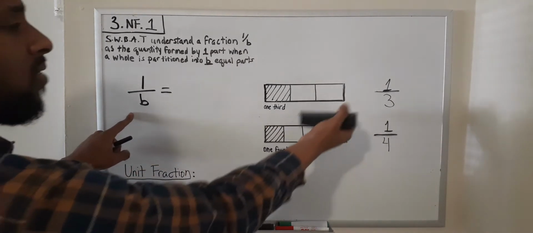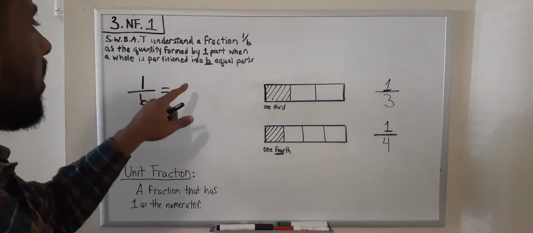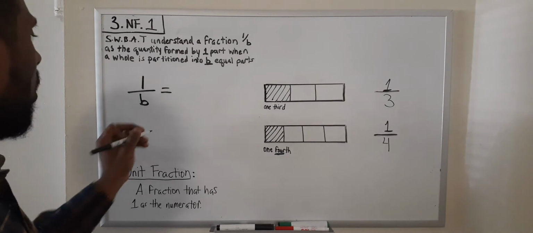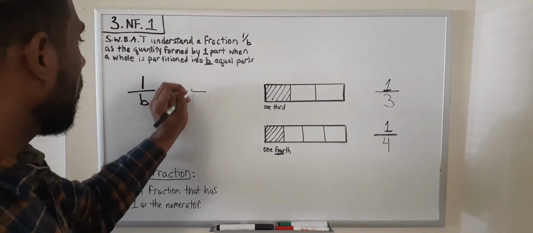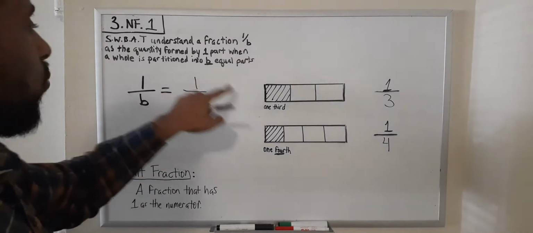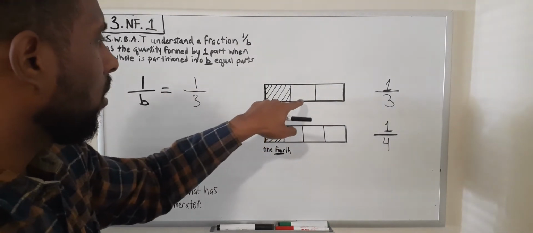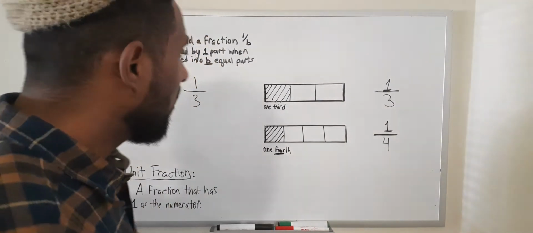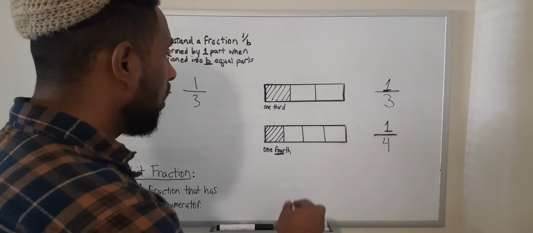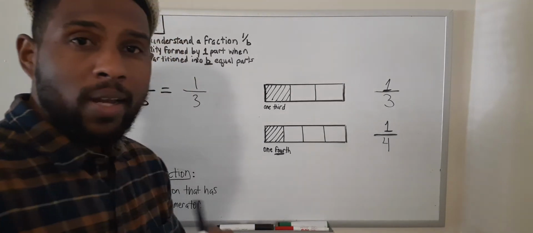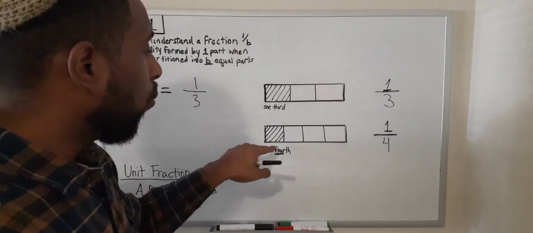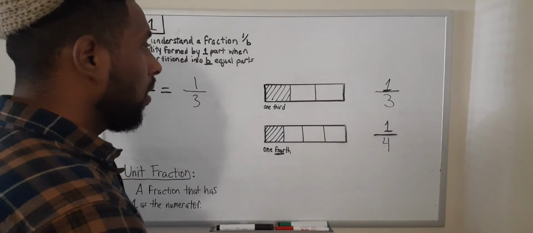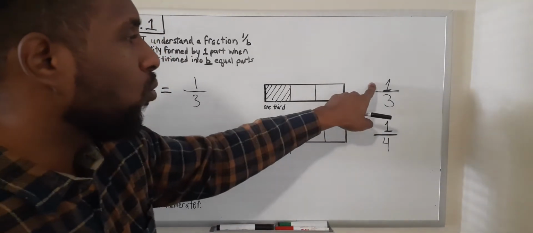So if we look here, let's just take tape diagram number 1. B represents the total number of equal parts that we have that construct a whole. So 1/B would equal 1/3. B represents the total number of parts, 1, 2, and 3. So again, scholars, just making sure that we understand the relationship between unit form, which is when we write out with words the value of 1 unit or 1 part in our shape, and fraction form, in which we use the numerator and the denominator.